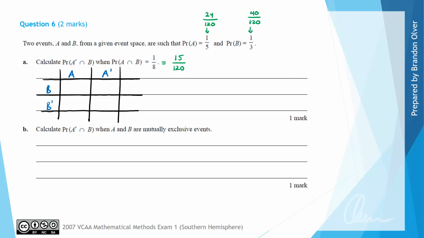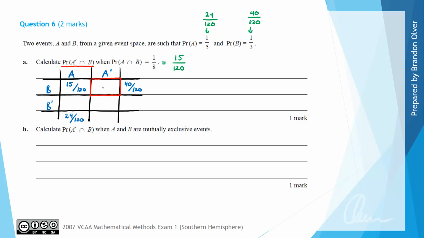So placing this information inside a Karnaugh map, we have the probability of A is 1/5, which is 24 over 120. The probability of B is 40 over 120 in this position. And the intersection of A and B is in this position here, which is 15 divided by 120. Now, the probability of A complement intersecting B is this box here, so that's the one that we need to find.